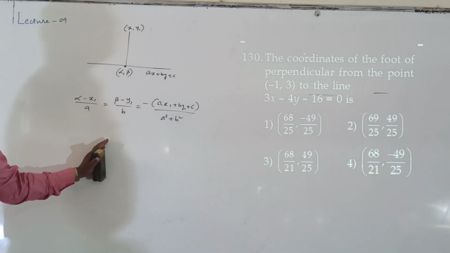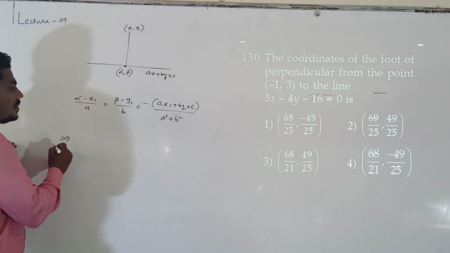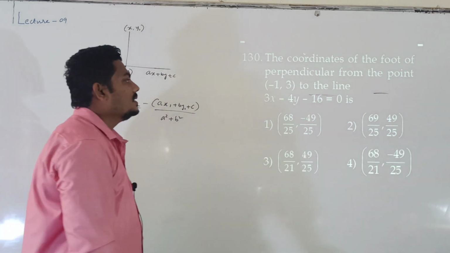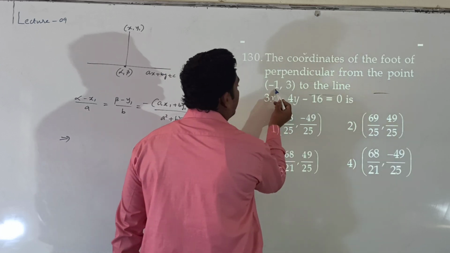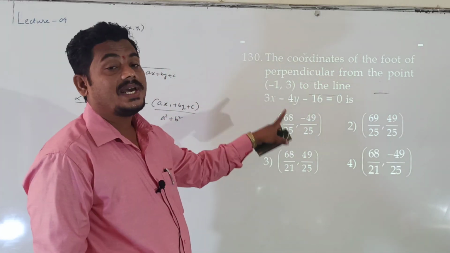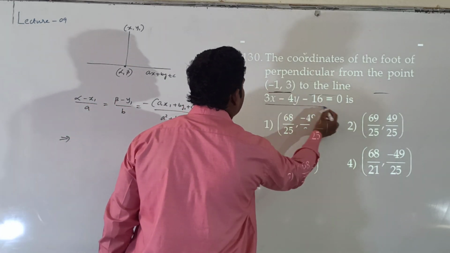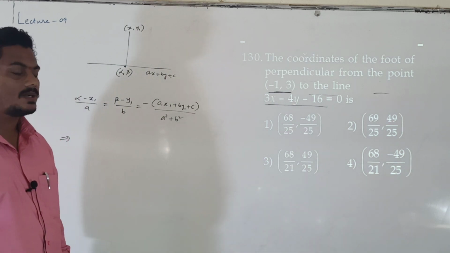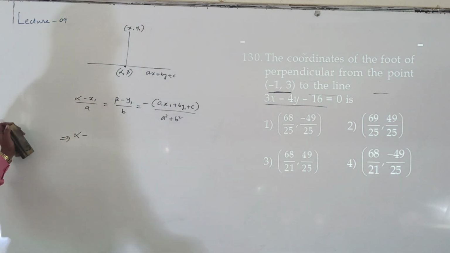This is the shortcut formula for finding the foot of the perpendicular. In this case, what is alpha comma beta? The foot of the perpendicular is drawn from the point minus 1 comma 3, so x1 comma y1 is minus 1 comma 3. This point is x1 y1 and this is ax plus by plus c equal to 0. Just replace. In this case, alpha and beta are unknown values.